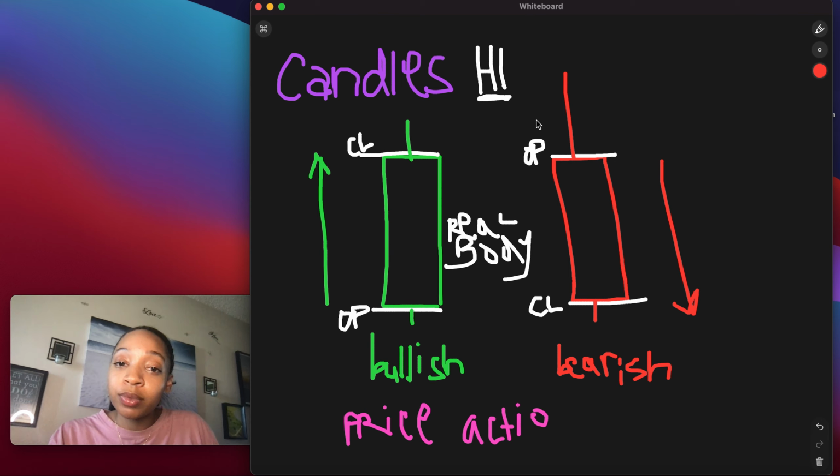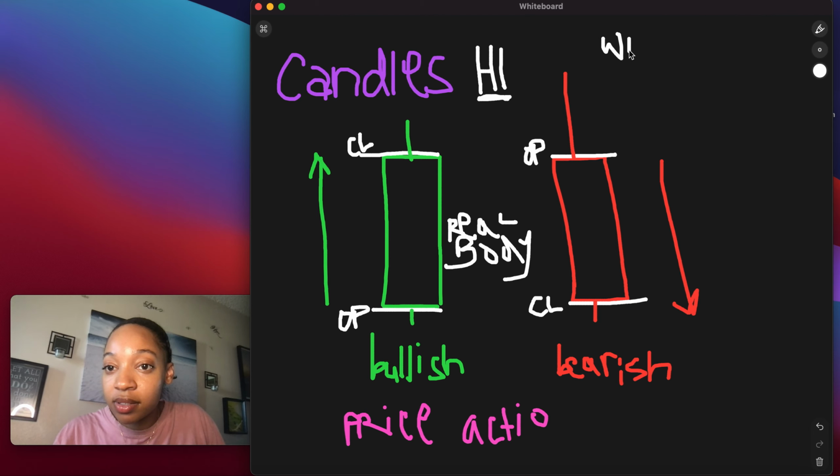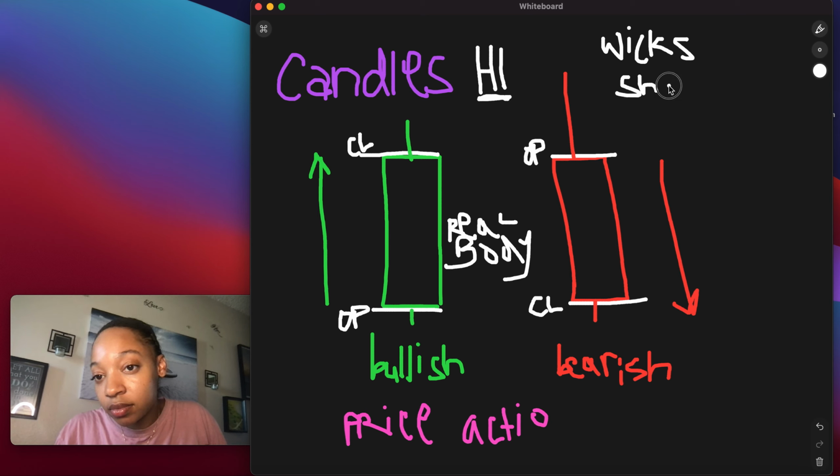They will refer to this as, like I said, I'm going to just write it out because we are in study mode, okay? Wicks, shadows, and tails.